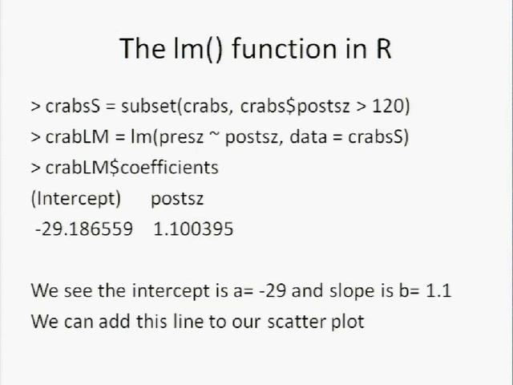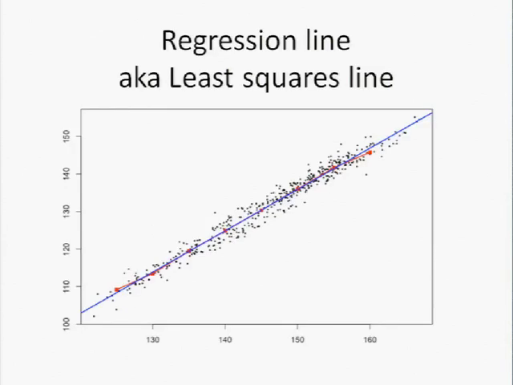Now we're going to add this line equation into the plot to see how it looks. Okay, there it is. The blue line is the regression line. What do you notice about the blue line and those red segments?